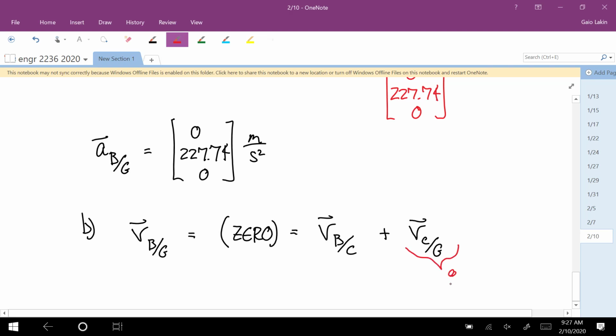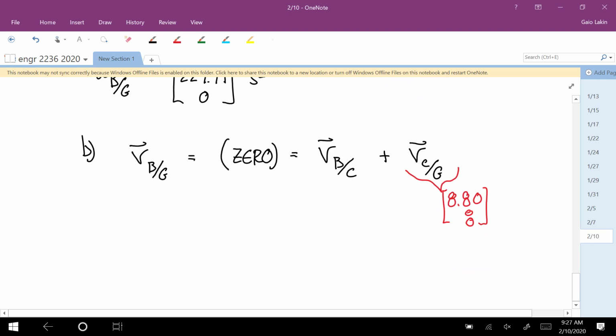This is what's given, 8.8, 0, 0. This one is omega cross R.